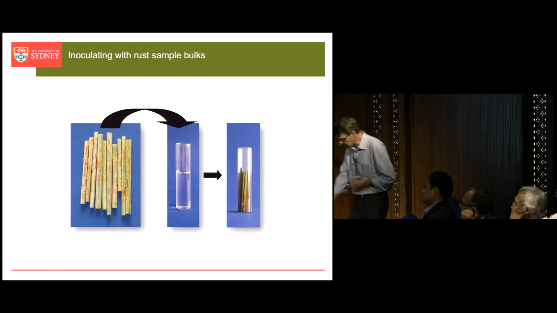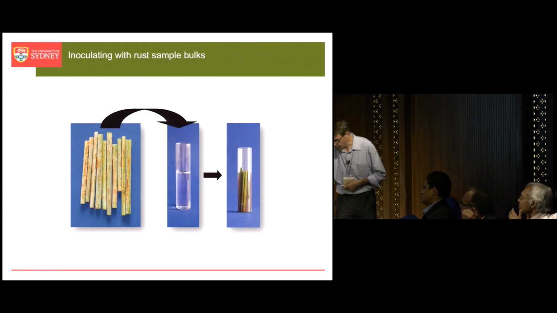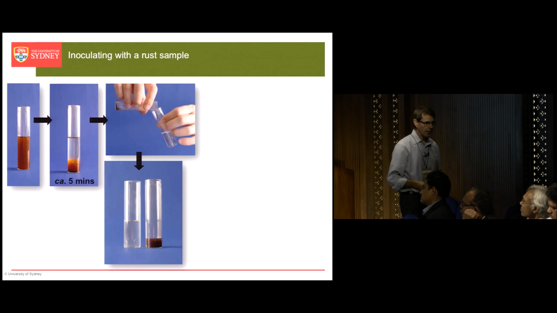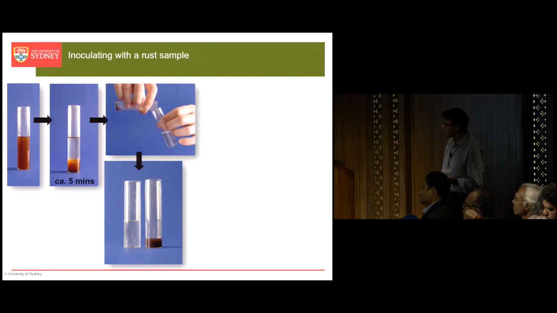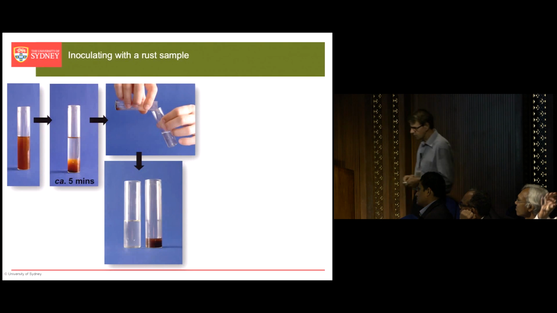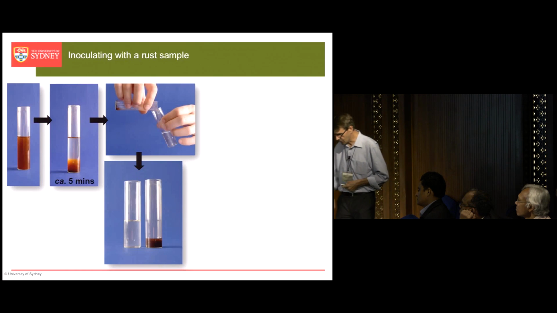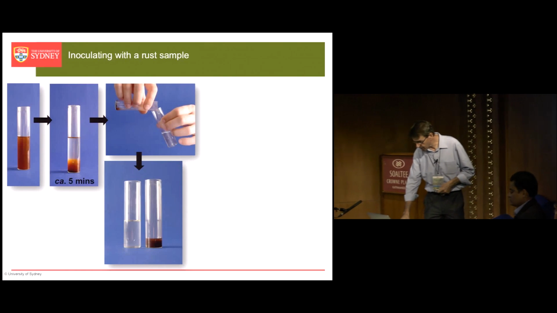Of course, there's far too much oil in that tube now to inoculate a plant. You'll kill a plant if you try and put that amount of oil onto it. So we often just let it sit for a few minutes and the rust will actually sediment out, and we can then decant off a lot of that, and we end up with a small amount of oil with rust in it that we can then use to inoculate. This is just a way of getting as many spores off the sample as you possibly can.